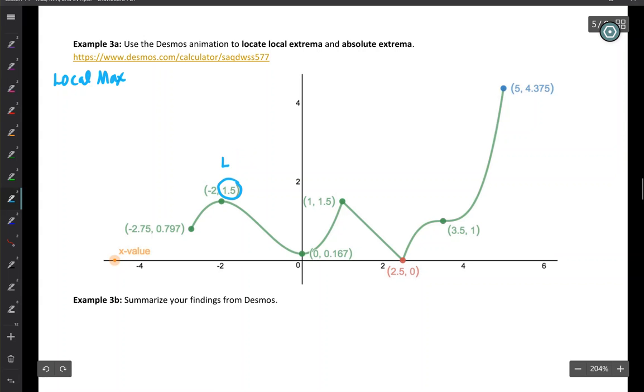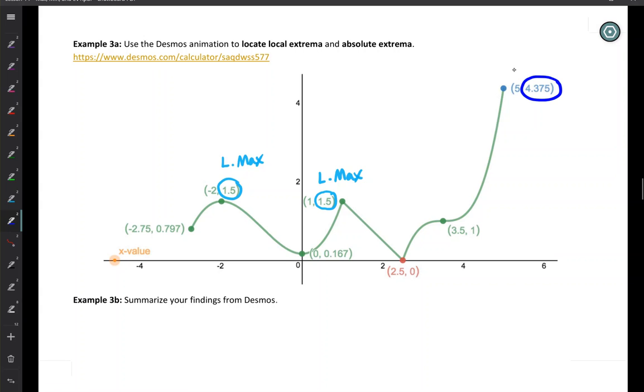Similarly, right here, it's a different shaped hill. This is more like a mountain than a hill, but it's still a local max. But the biggest y value, f of 5, is 4.375. This is my absolute or global max.